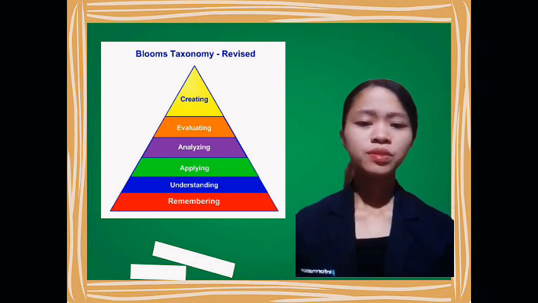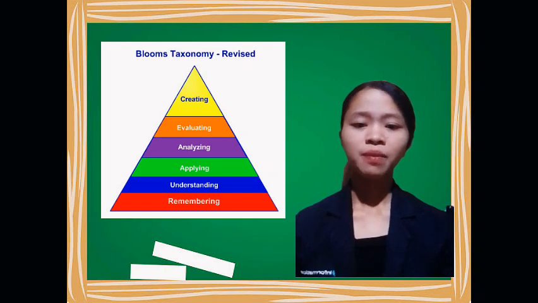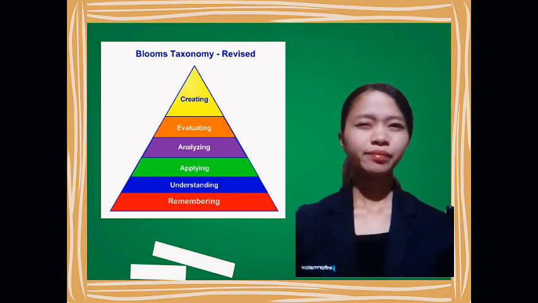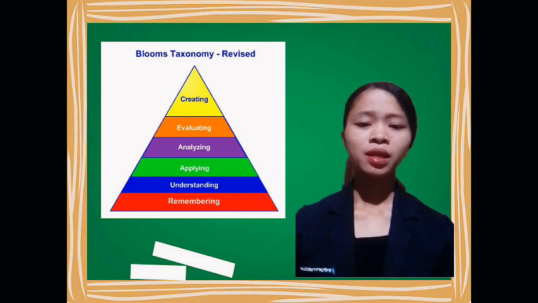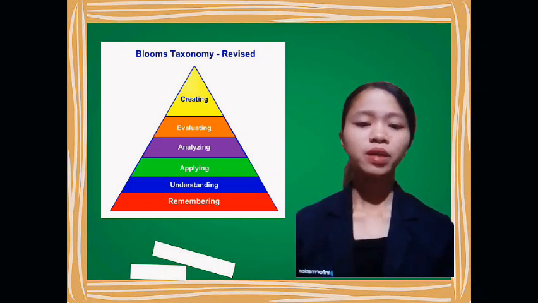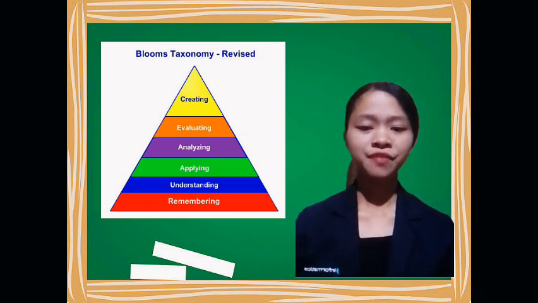We also talked about the verbs in each level and, most importantly, the importance of each category. I also remember that our teacher discussed Krathwohl's taxonomy of objectives and Simpson's psychomotor domain. If I remember correctly, Krathwohl's taxonomy of objectives is also known as the affective domain, and of course there is the psychomotor domain of Simpson's.